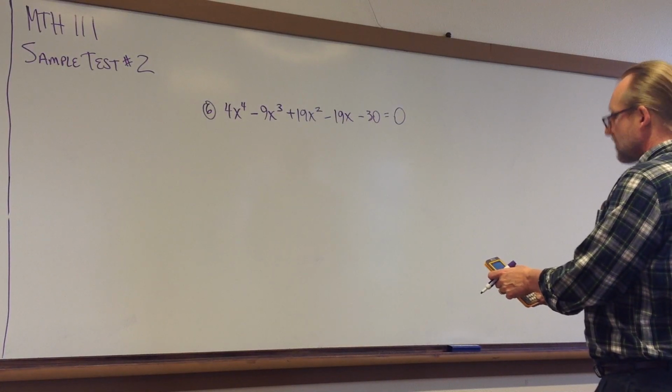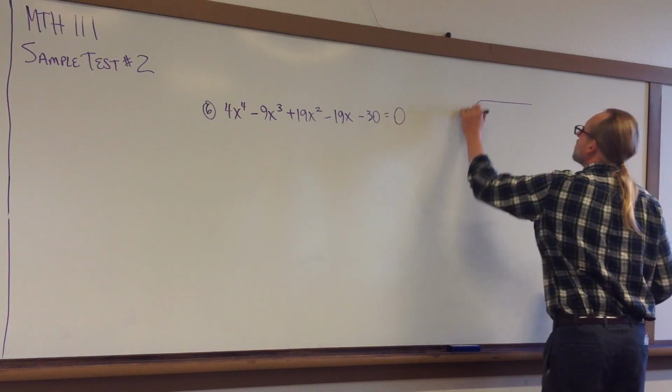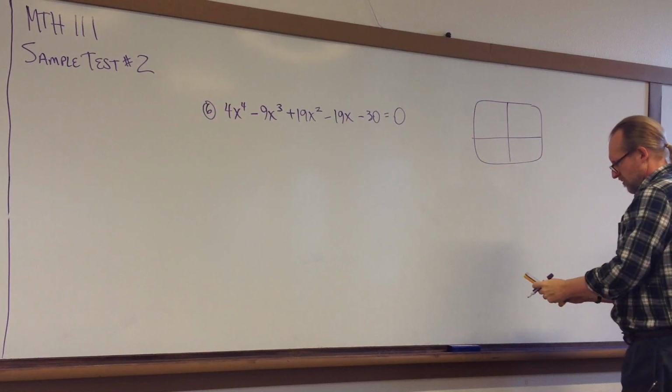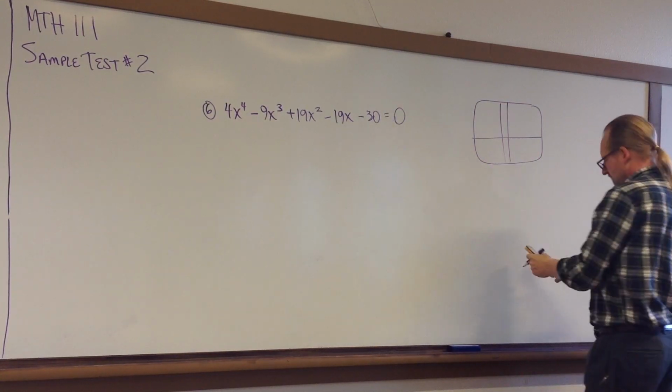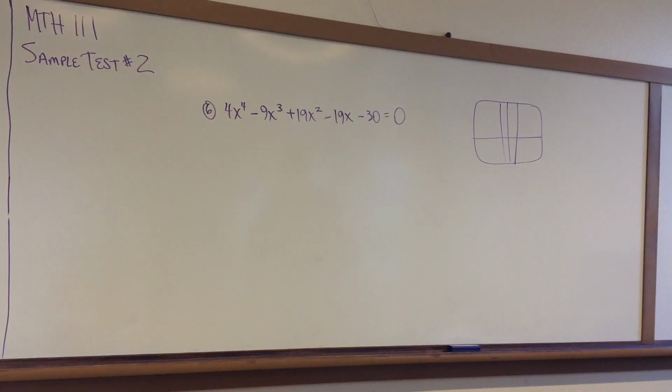All right. 30. So what is that going to look like on our graph? I'm going to see a line coming down here, and then another one going up there. So let me show you what that looks like on the calculator.